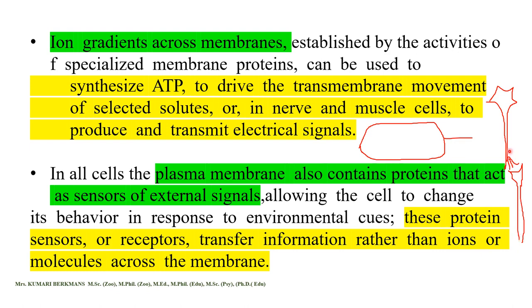For that, the cell membrane is very important. Across the cell membrane, these signals are moving from one cell to another cell. In all the cells, the plasma membrane also contains proteins that act as sensors, and they send the electrical signal, allowing the cell to change its behavior in response to environmental cues.